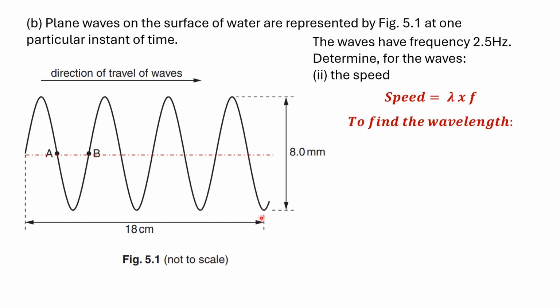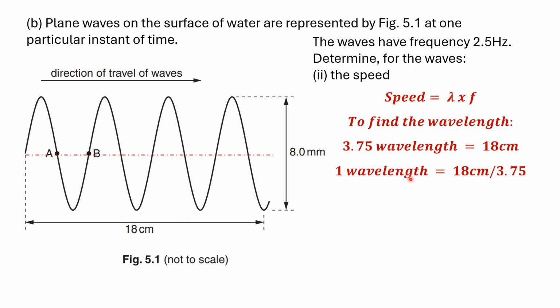So the total is 3.75 wavelengths that fit in 80 centimeters. So what is the size of a single wavelength? So now we need to divide 18 centimeters by 3.75. And then one wavelength is 4.8 centimeters.